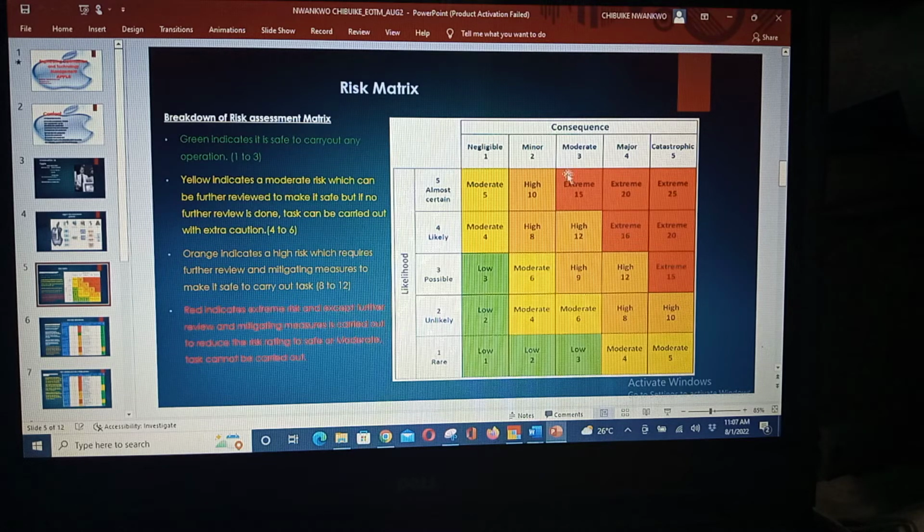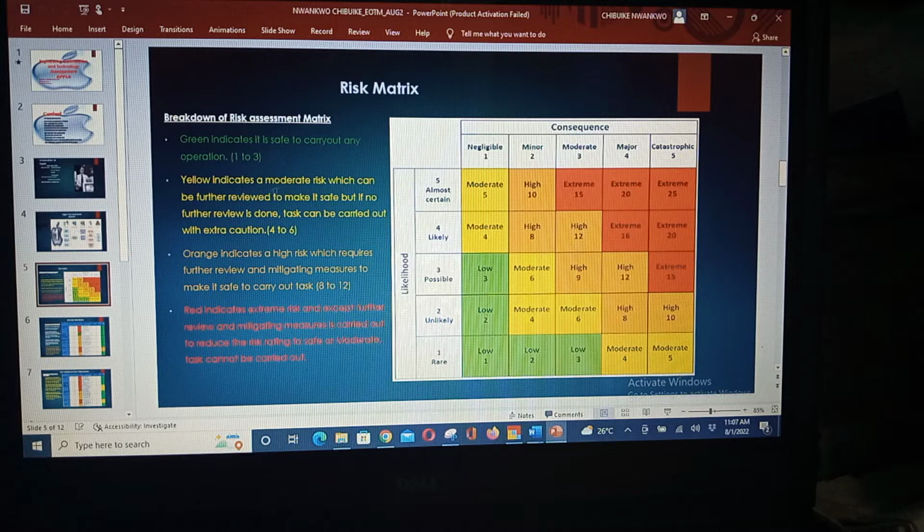I had to use this table because this is what Apple use, and I have to use this 1 to 5 by 1 to 5 because of its elaborateness in being able to classify the risk to the finest one. So at first, the green indicates that it is safe to carry out any operation, and it is rated from 1 to 3.